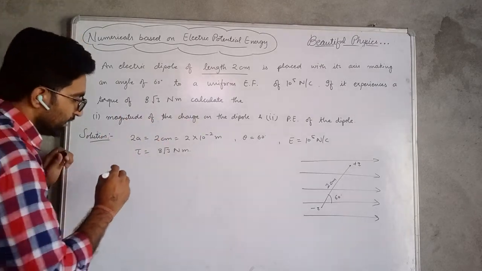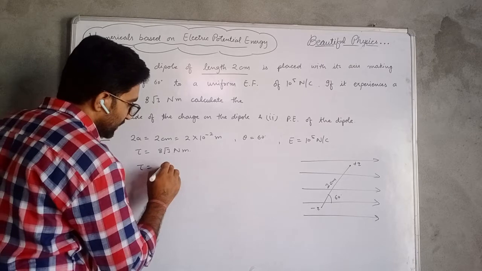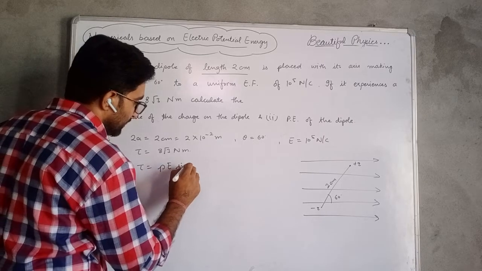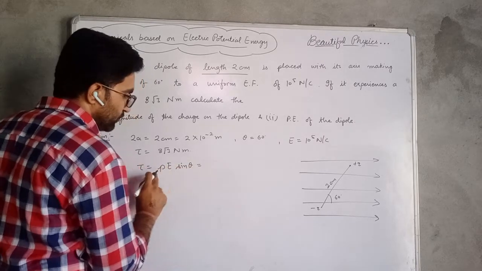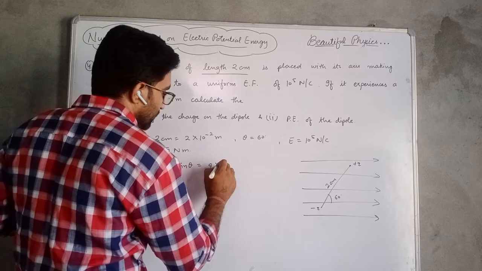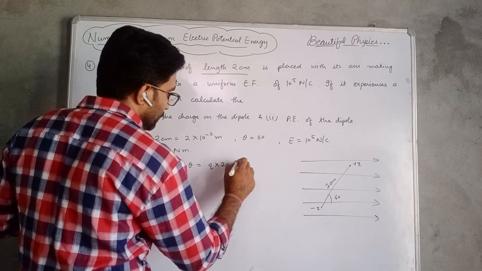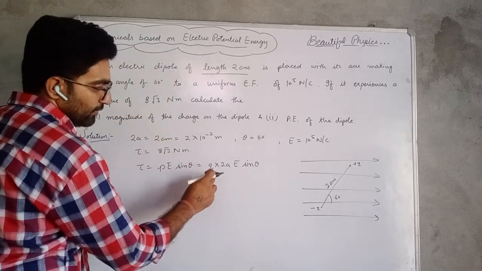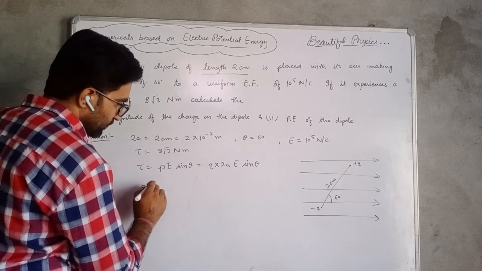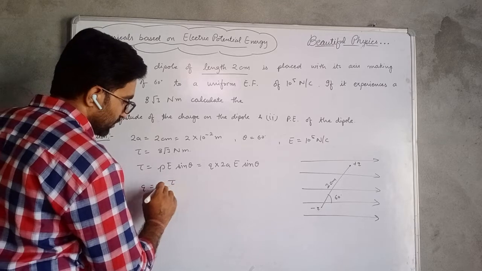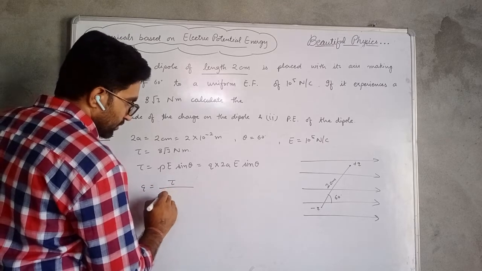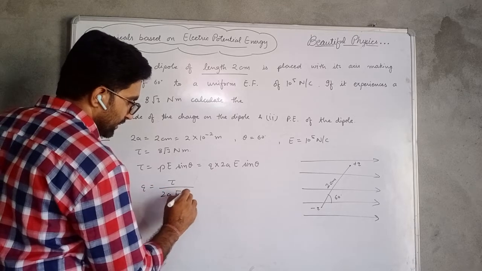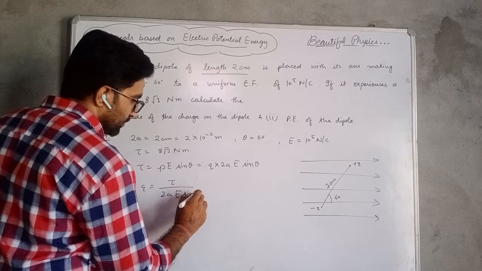We know that tau is equal to P E sin theta, or in place of P we can write Q into 2A into E sin theta. We have to find Q, so Q will be equal to tau upon 2A E sin theta.